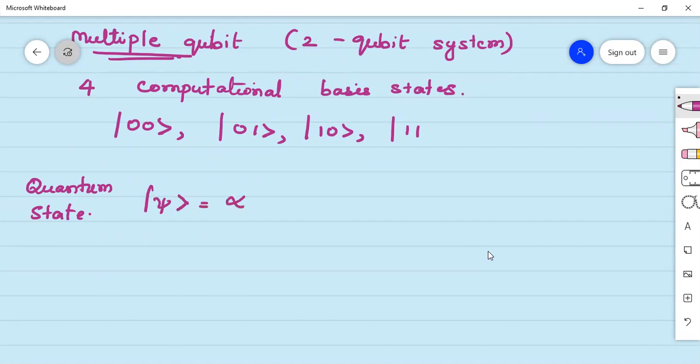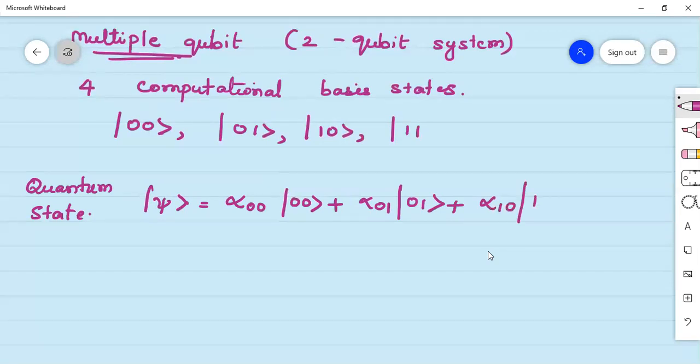Since you have 0 0, let's write alpha 0 0 and alpha 0 1. Or you can write alpha, beta, gamma, etc. But it will become large, right? So we'll write it like this. Alpha 1 0 and alpha 1 1. Okay.